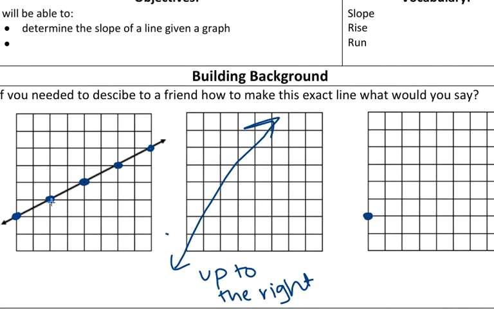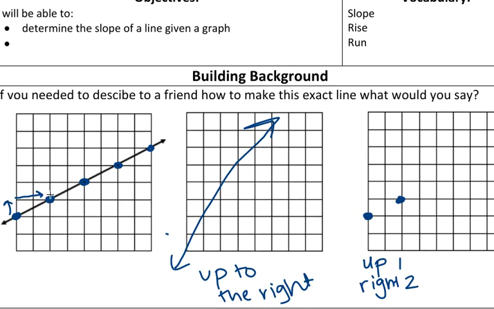Now to get to the next point, how can I tell them using this chart how to get to this next one? If I think about going up and over to get to that next one, how many up did we go? We went up 1, and then we go to the right 2. So go up 1, right 2, make a point.